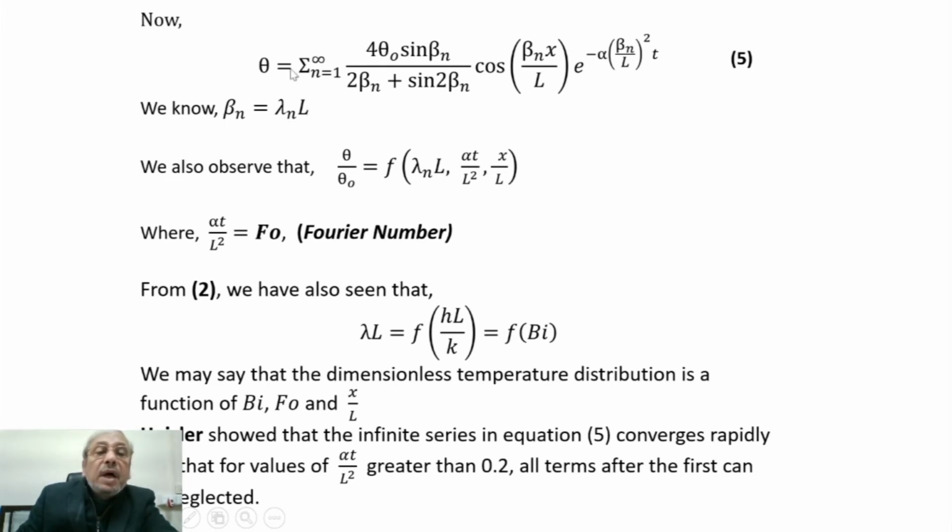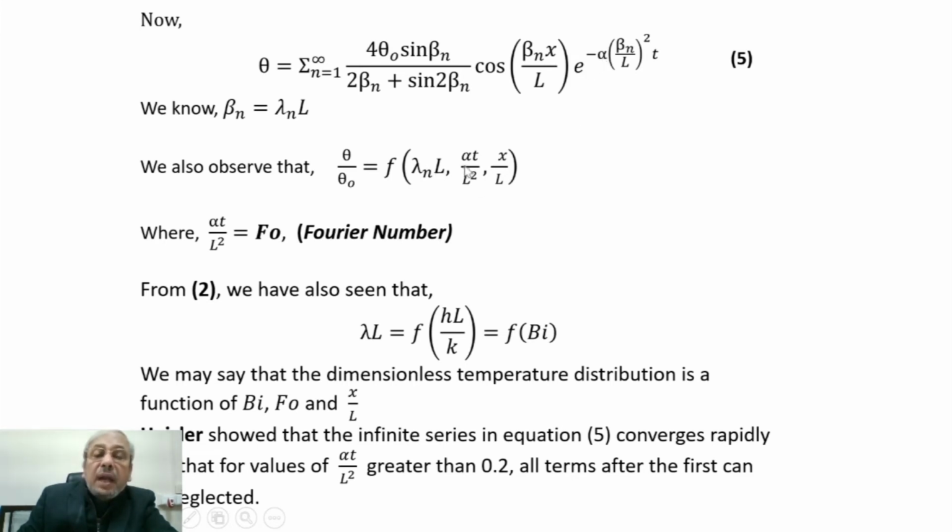We also observe from here that theta by theta naught becomes a function of beta n, that is lambda nL.